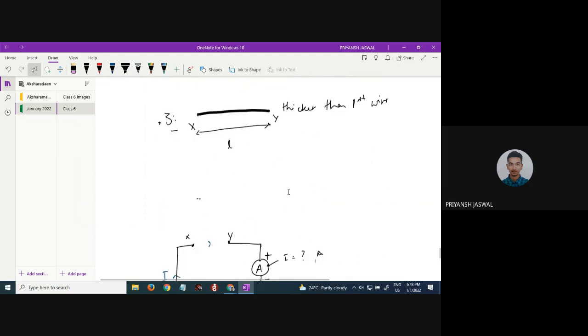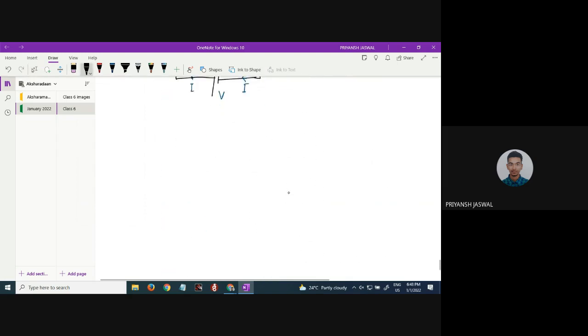If we put these wires here, then what we will find is that for the longer wire, that is wire 2, remember V is constant, the voltage source. It applies constant potential difference. We are not changing it. For the longer wire, the current comes out to be less as compared to the other wires.